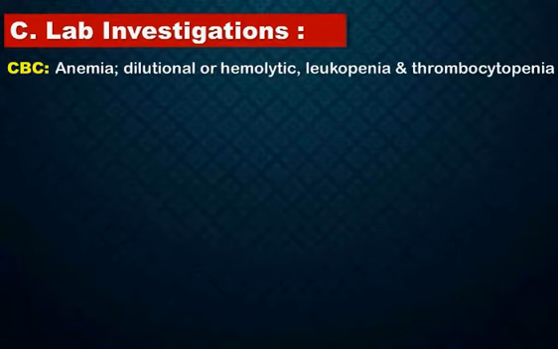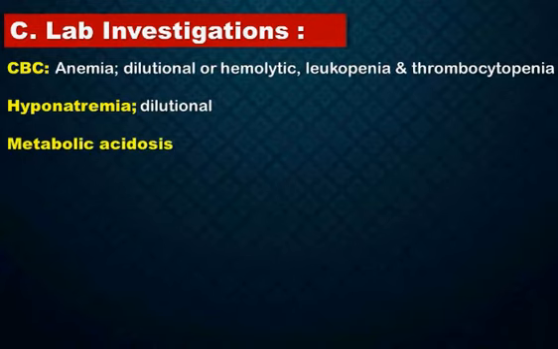Now the investigation is very important, because there is no diagnosis of acute kidney injury without investigation. CBC is important. Why? Because the patient may have anemia, maybe dilutional or hemolytic anemia, and there may be leukopenia and thrombocytopenia also, so it may be pancytopenia. Hyponatremia, mainly dilutional because of fluid overload. Metabolic acidosis, because of retention of hydrogen ion due to impaired kidney function.